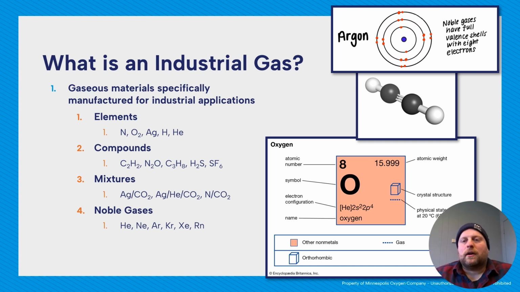So in the upper right-hand corner here of the screen, there's a little picture of the argon, and it talks about the valence shell, the outermost ring of electrons. And one thing that oxygen does is combine with things very, very easily, and that's because it does not have that full outside shell.